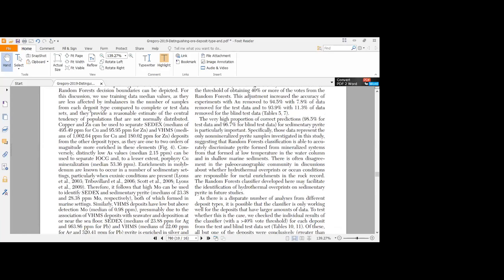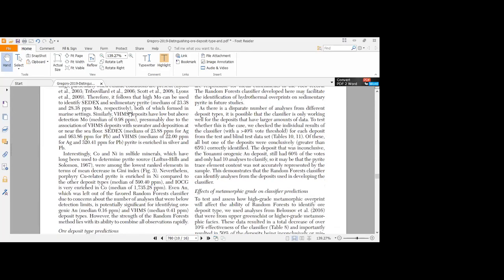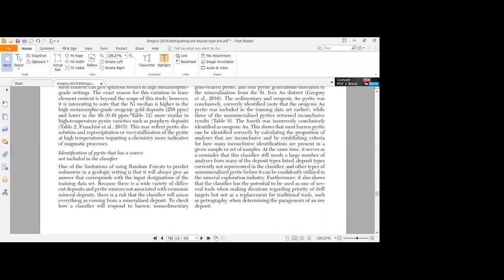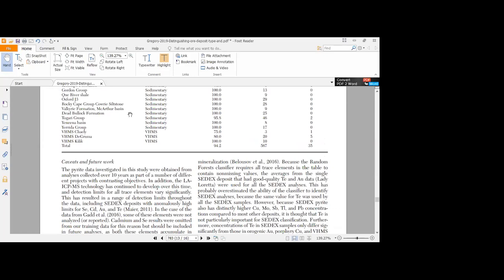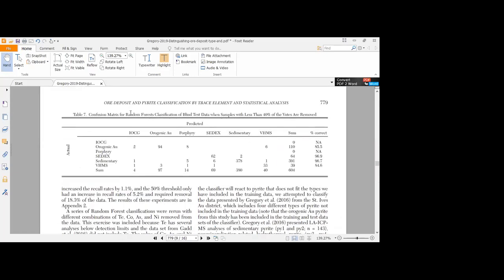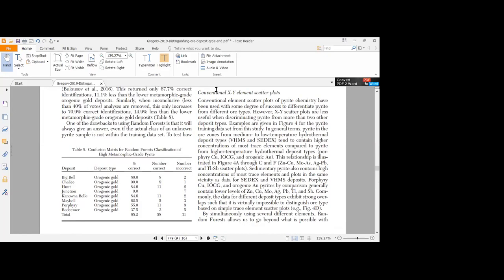They have given something over here. Just let me scroll down. They have mentioned that these scatter plots can't be used, but then they have given only this.